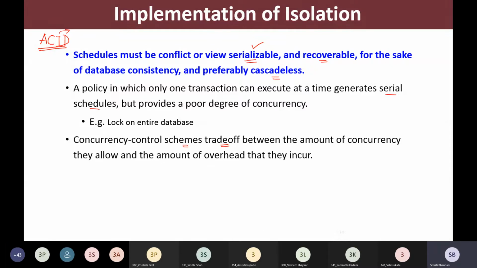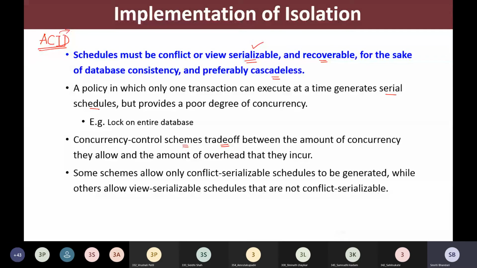So there should be a proper balance between the amount of concurrency and the amount of overhead in the system. Concurrency control systems are usually looking after this trade-off between these two parameters, right?